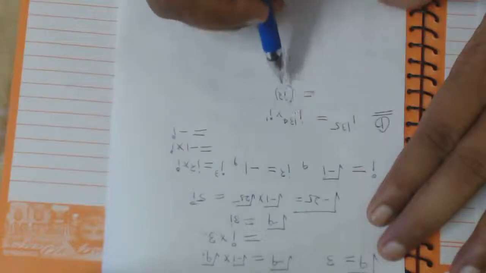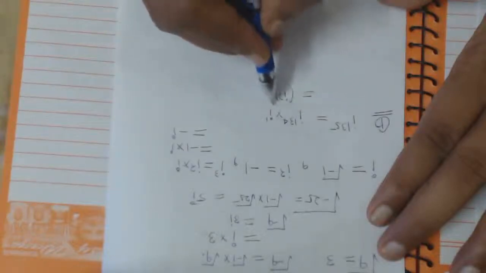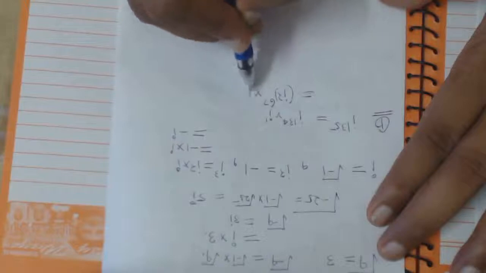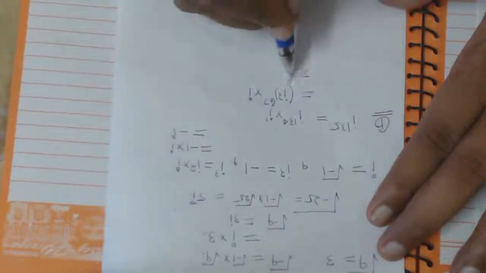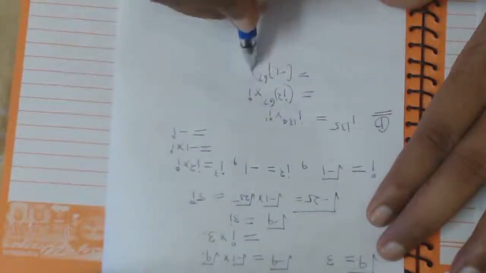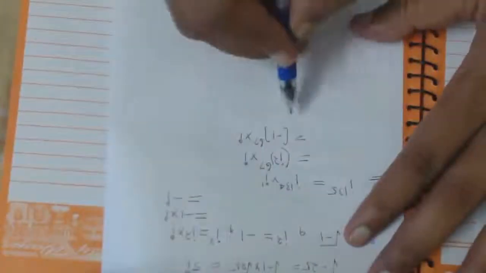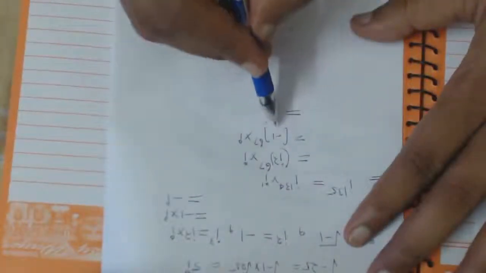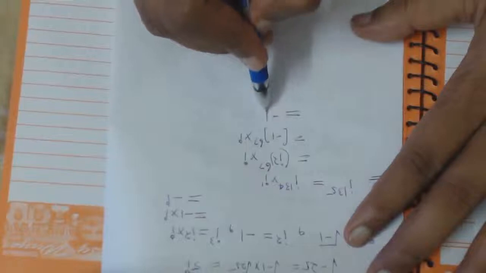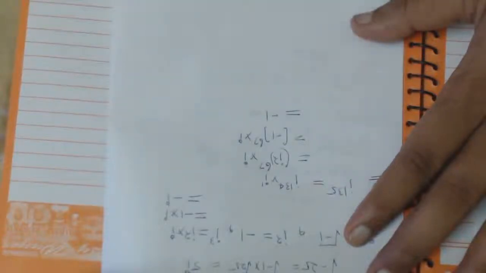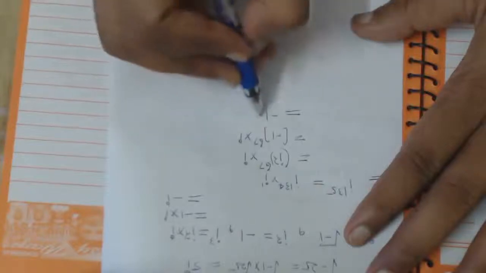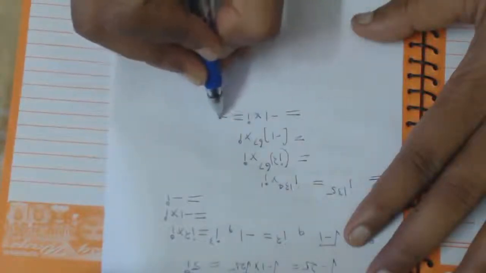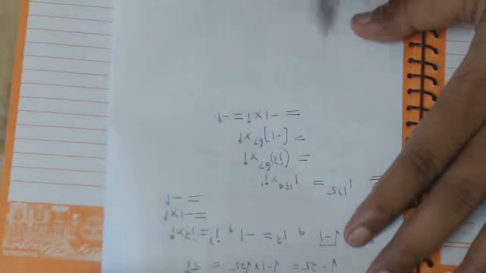So it will be iota square raised to the power 67 into iota. Iota square is minus 1, so minus 1 raised to the power 67 into iota. You very well know for all the odd powers of minus 1 the answer is minus 1, and for all the even powers of minus 1 the answer is plus 1. So minus 1 into iota gives you minus iota.